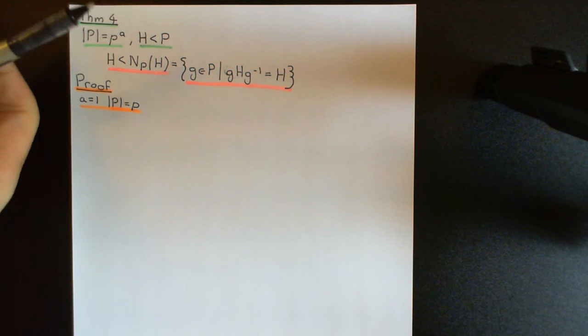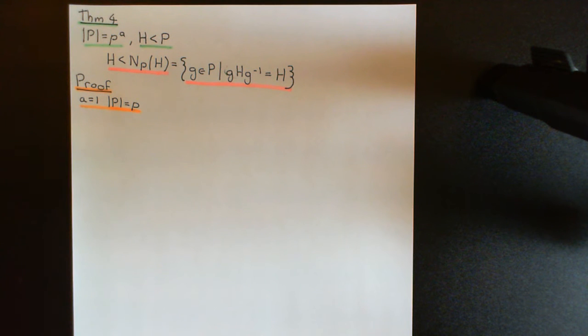So that doesn't leave us with many options as to what capital H we need to check that this theorem is going to be true for. The only one is going to be the trivial subgroup, and of course the trivial subgroup is normalized by all the elements of the group capital P.